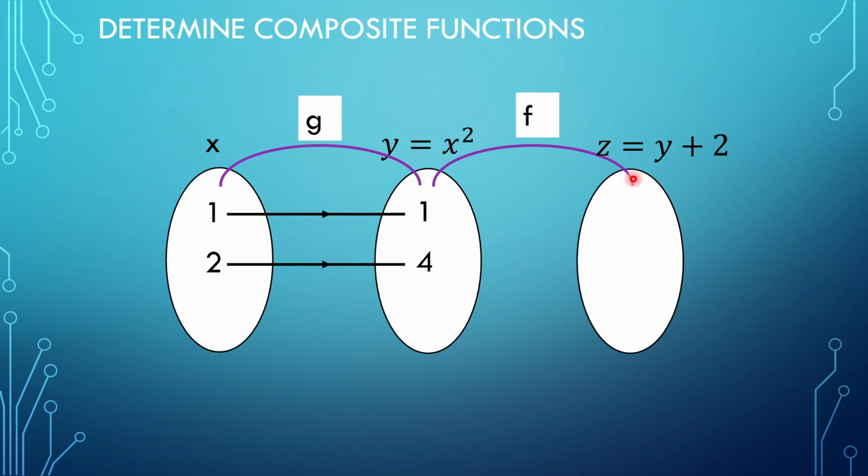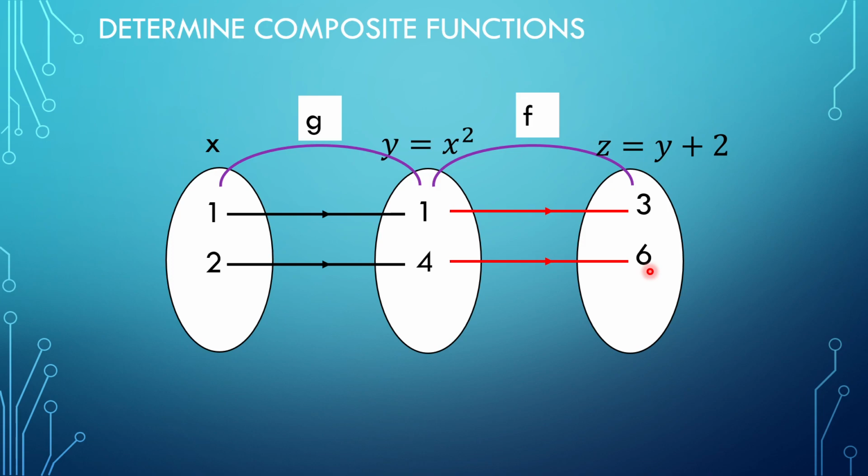So if you have object y equals 1, therefore the image will be 1 plus 2. Therefore you have the image as 3. When the object is 4, that means the y value is 4, the image z will be 4 plus 2. Therefore 4 maps to 6 under the function f.